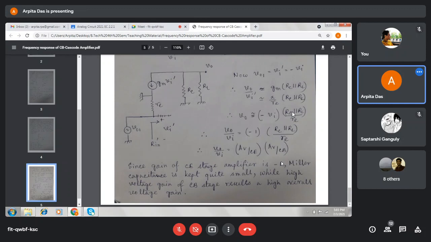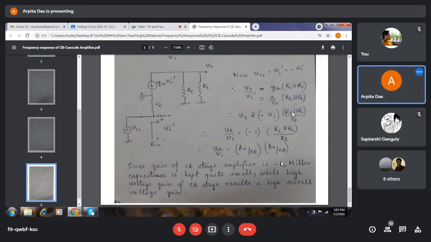But here the voltage gain is smaller, because the first stage amplifier, the CD stage, doesn't provide anything. It provides the unity gain. The gain is only provided by the CE stage amplifier. This is the finite gain. So overall gain is smaller, but the upper 3 dB frequency is higher.